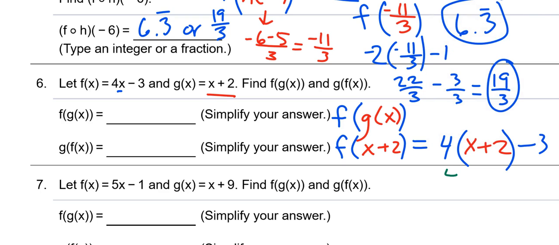And of course we'll distribute it and get 4x plus 8 minus 3, which gives me 4x plus 5. Now more than likely we are not going to get the same answer going the other direction, so don't just write down 4x plus 5. It is possible, but I highly doubt it in this case.